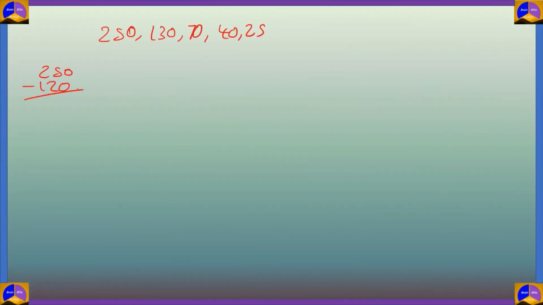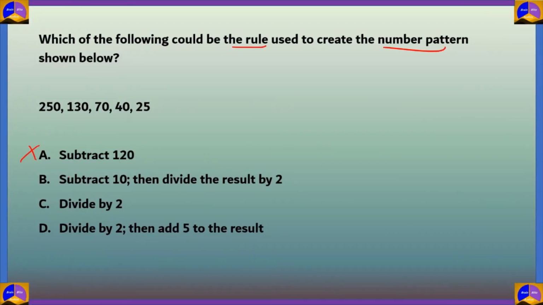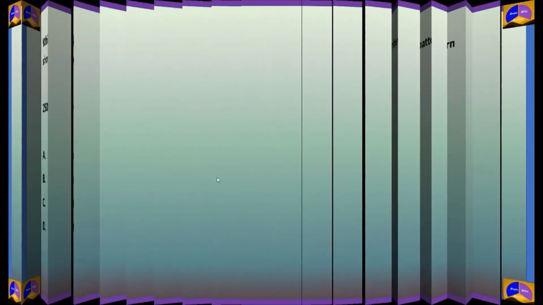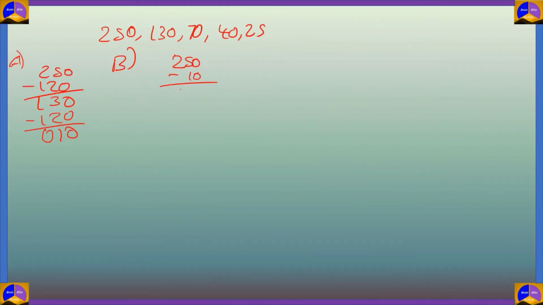Our option A says to subtract 120. 250 minus 120 equals 130. 130 minus 120 is equal to 10 and not 70. So option A is incorrect. Option B, subtract 10, then divide the result by 2. 250 minus 10 equals 240 divided by 2 is 120 and not 130.